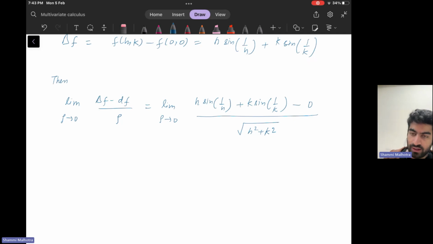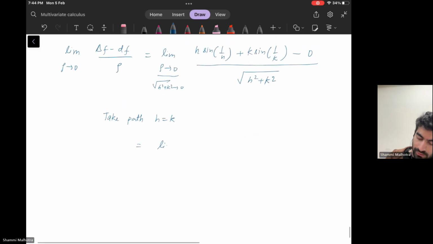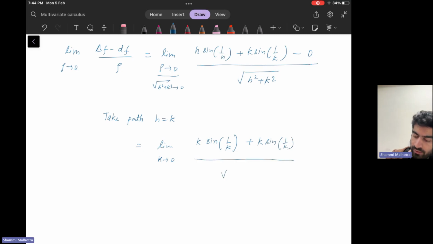So let's try different paths. Rho tending to 0 implies under root of h square plus k square tending towards 0. If we take the path h equal to k, this will be limit k tending towards 0 of k sine 1 by k plus k sine 1 by k, whole divided by under root of k square plus k square.